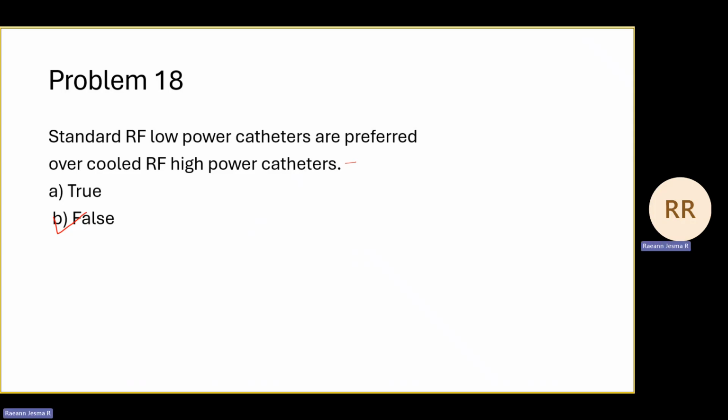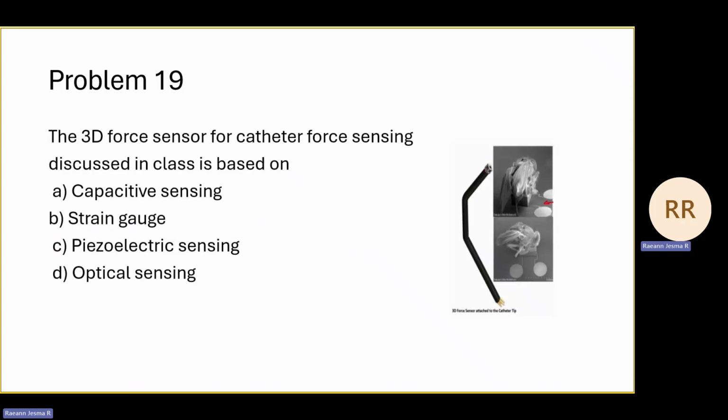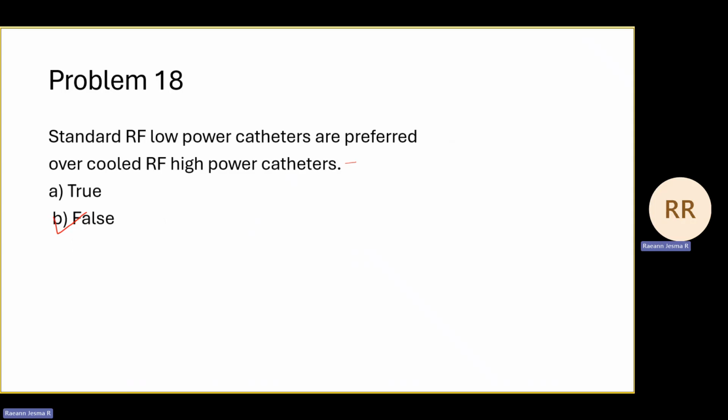If you are cooling that higher RF power, only at the tip will we have this large amount of energy supplied, and the temperature will not be distributed along the entire catheter. It will be concentrated in the tip. Also, we can easily provide higher temperatures. With higher power, we can do more efficient ablation.